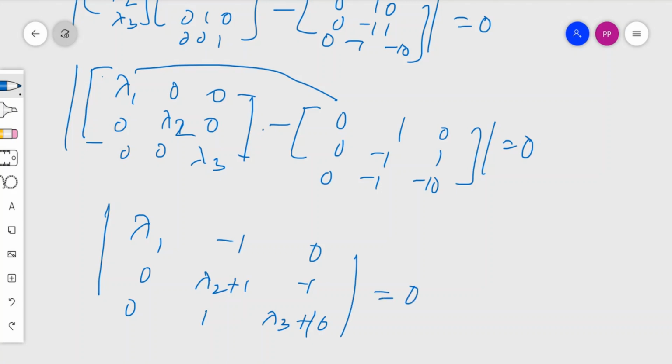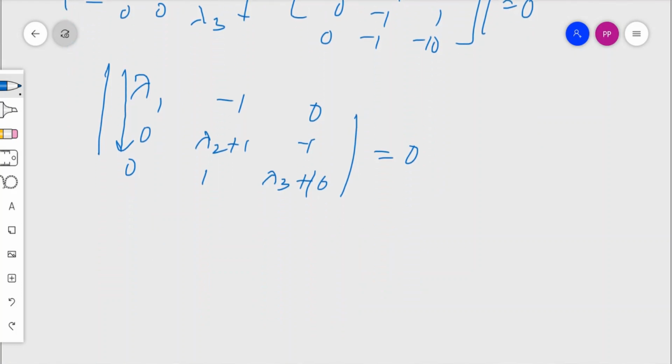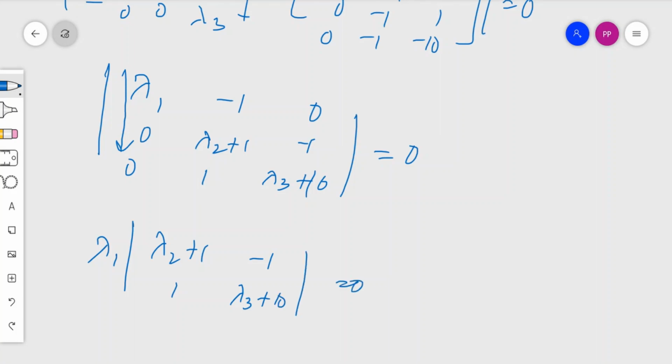Now you see the beauty of expansion. If we go like this, we can minimize the operations. So we expand in that direction, and we have lambda 1 into the determinant of [lambda plus 1, minus 1; 1, lambda plus 10], equal to 0.